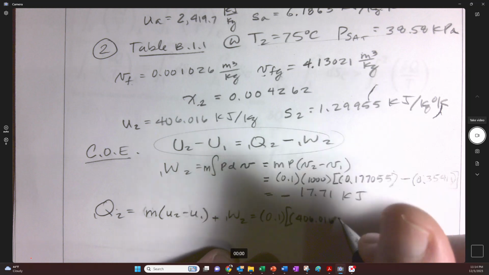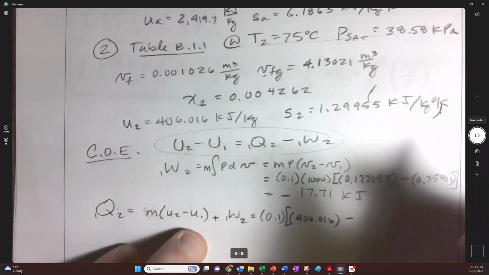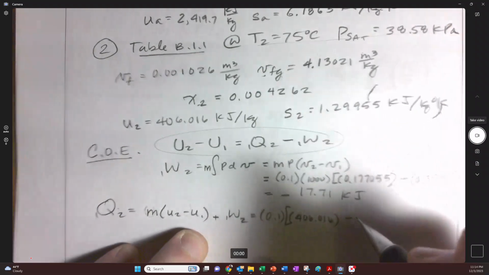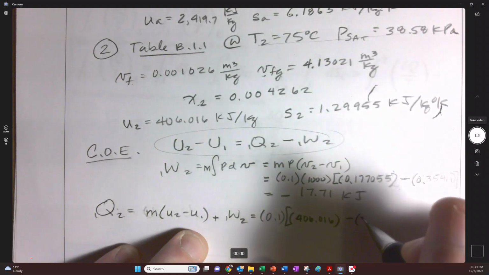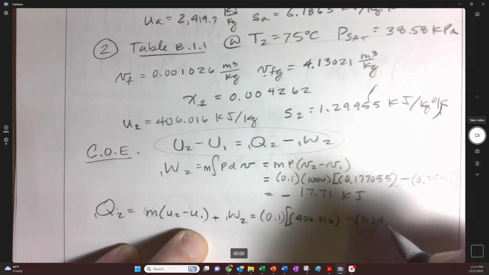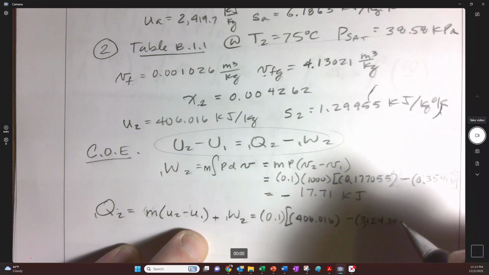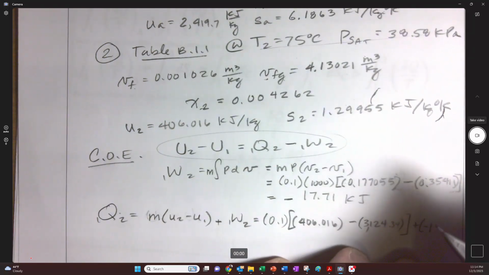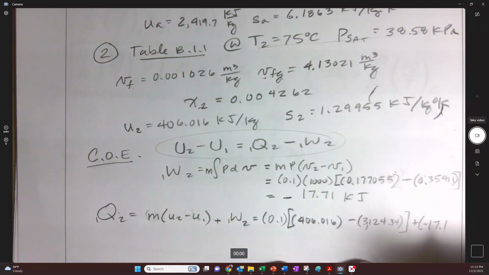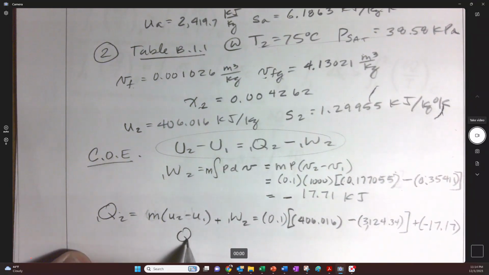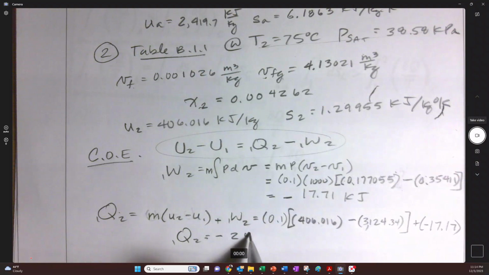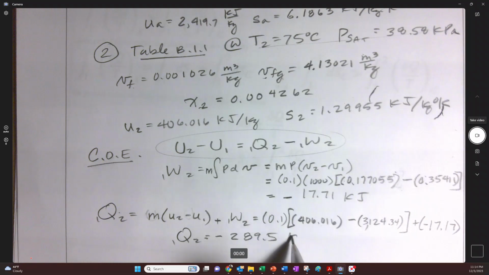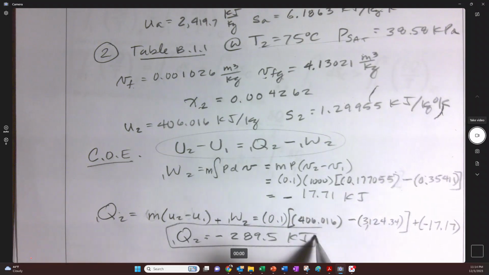That's a lot of numbers. Minus u1 all the way back at the top. That's a lot. So 3124.34. So it definitely can be negative. And then plus the negative 17.17. So Q1 to 2 is negative 289.5 kilojoules. And this is one of the things we wanted to find.